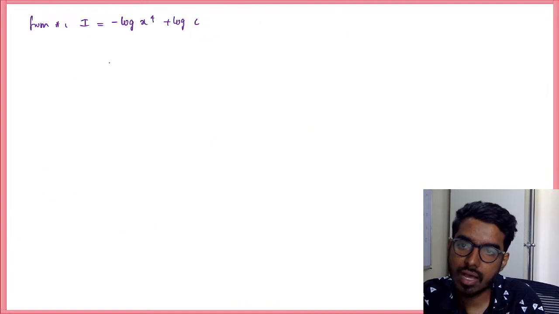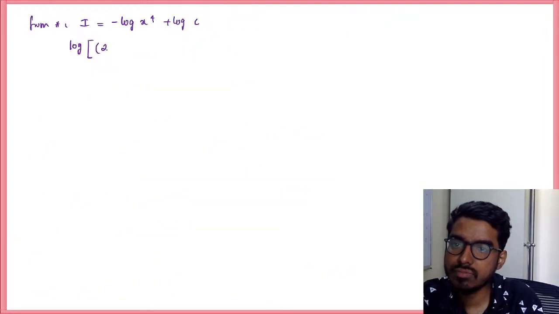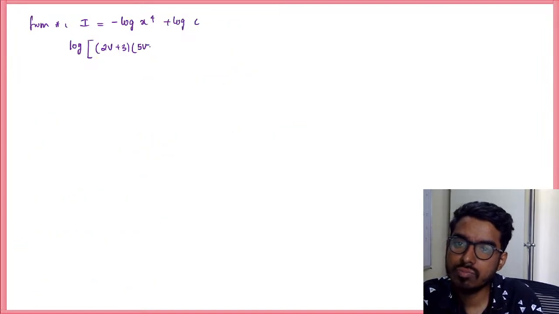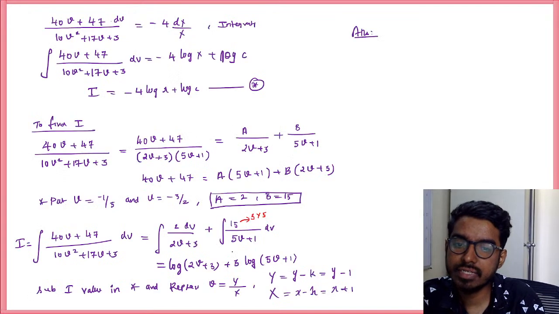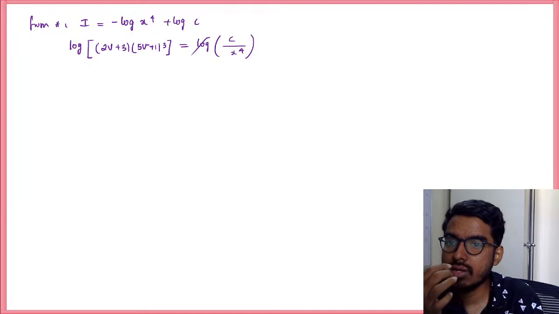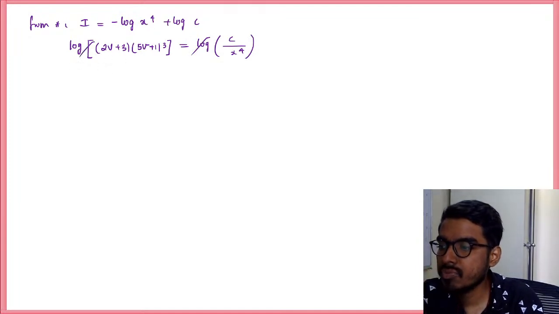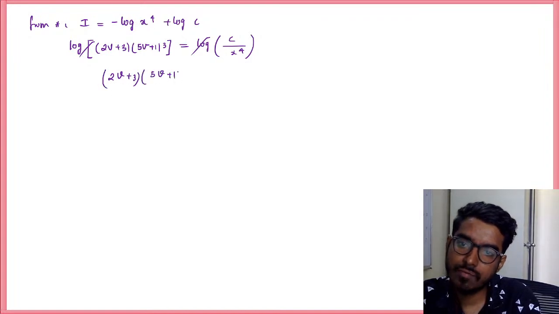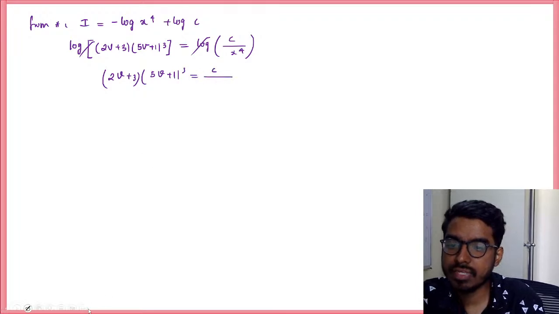So log a plus log b will be log of 2v plus 3 into 5v plus 1 whole cube. Right, I'm just taking this 3 to that side. Log a plus log b is log ab, log a minus log b is log a by b. Log will get cancelled. So we will have 2v plus 3 into 5v plus 1 whole cube is equal to c by, sorry, this is capital X power 4.